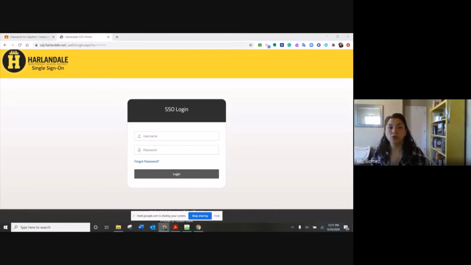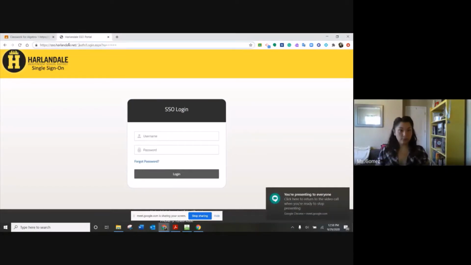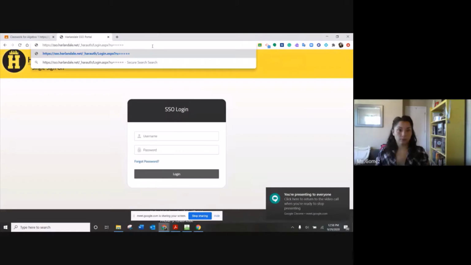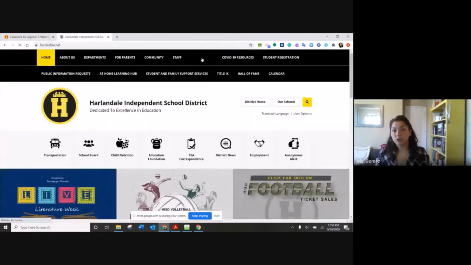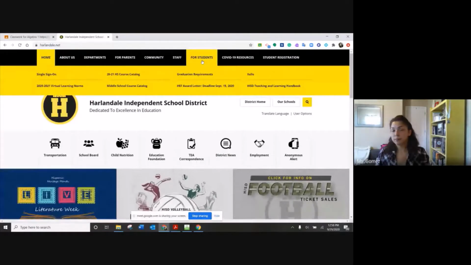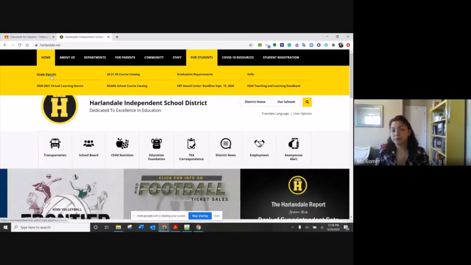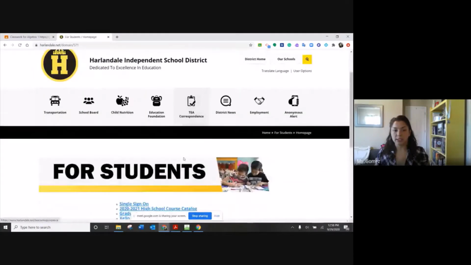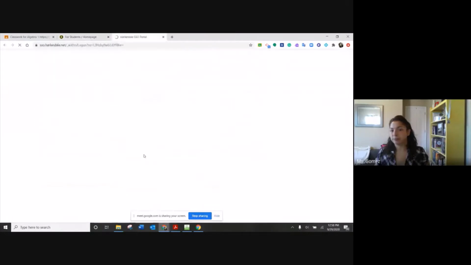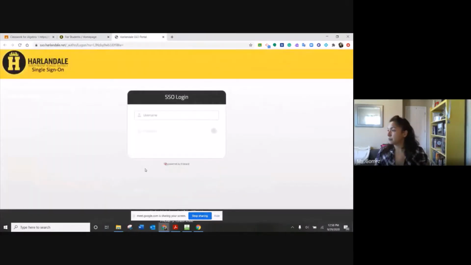So again, from the home screen, you go to For Students and then highlight Single Sign-On. Or whenever you click on it, you can also find Single Sign-On right here. All right.